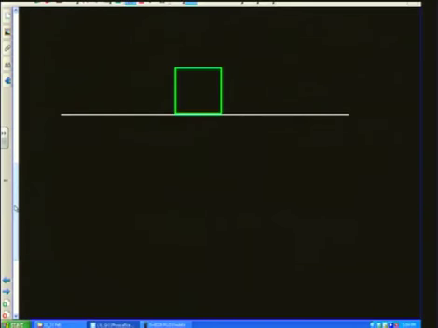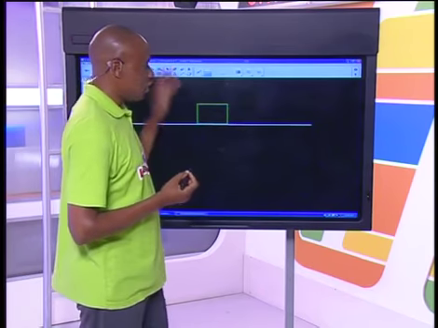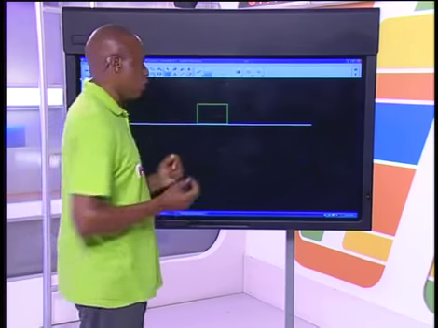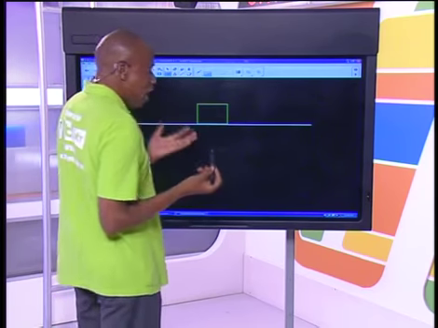Say I've got a box, some block, sitting on a horizontal plane like that. One thing we need to remind ourselves about forces is that any object in the universe is attracted towards the center of the earth by a force called the gravitational force. We do call it weight, if you like.